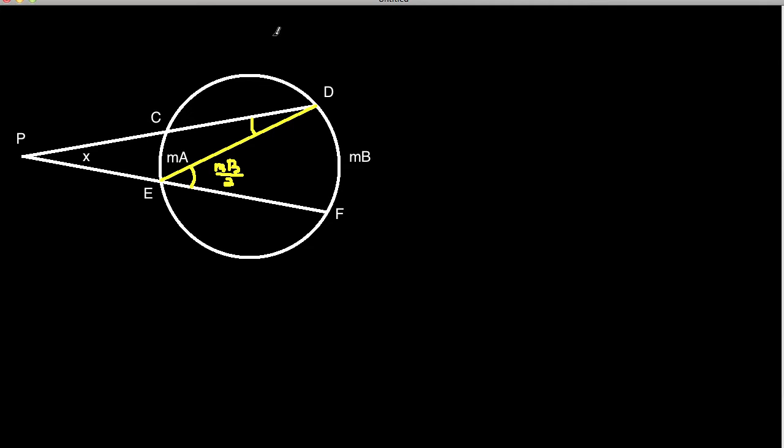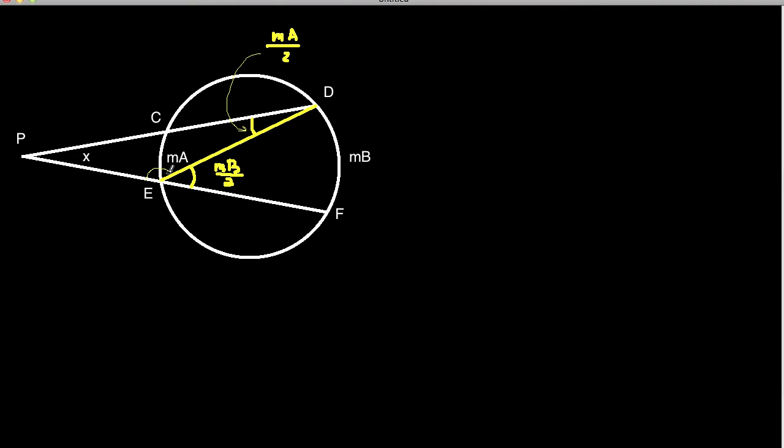So let me write that, measure of A divided by 2, and that's referring to this angle right here. Okay, now knowing this, we can write what the size of this angle is right here. We know the size of that angle is going to be 180 degrees minus measure B divided by 2.